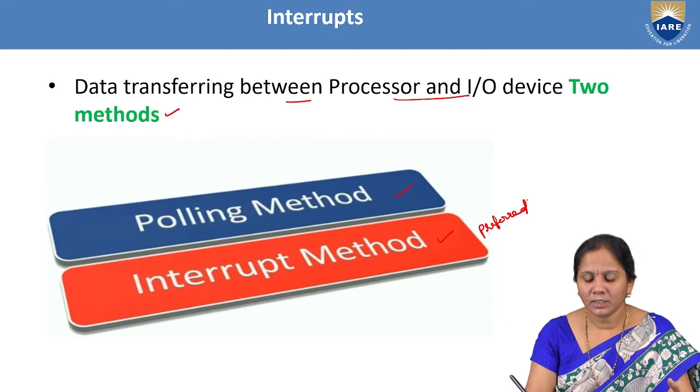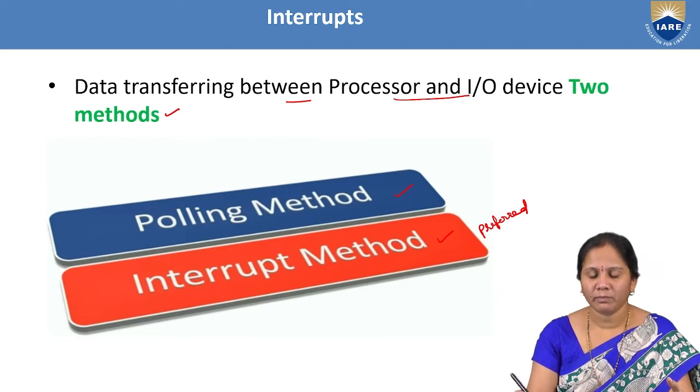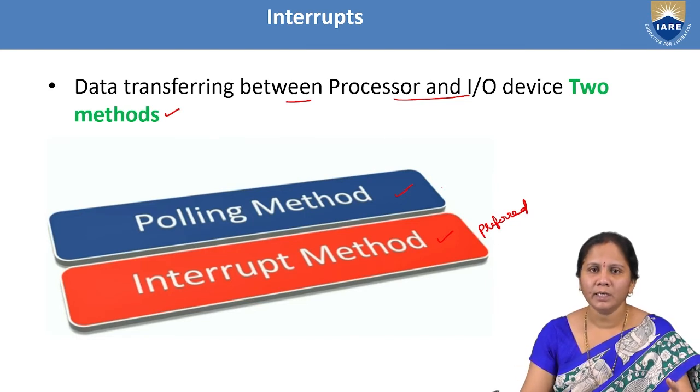Compared to the polling method, the interrupt method is preferred because there is a small drawback in the polling method, and selecting the interrupt method leads to some advantages. Now we will see how the data transfer is performed in the polling method and the interrupt method.